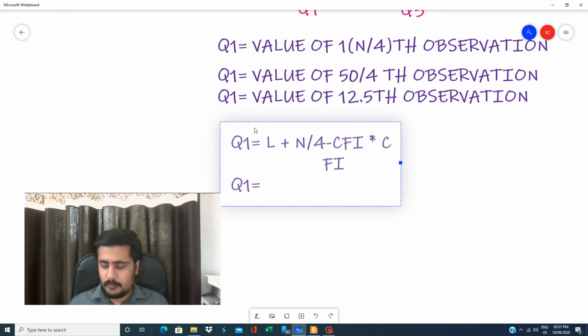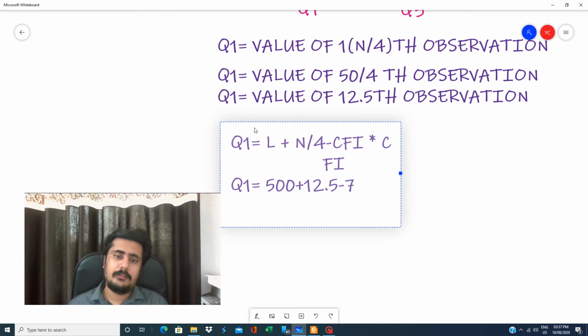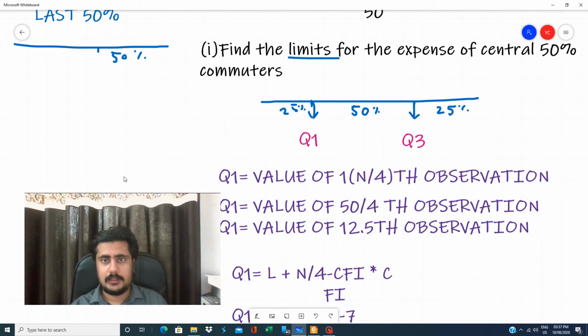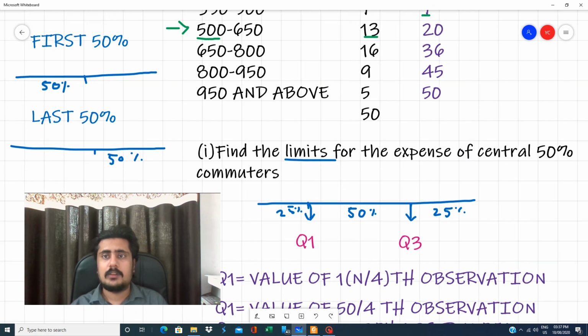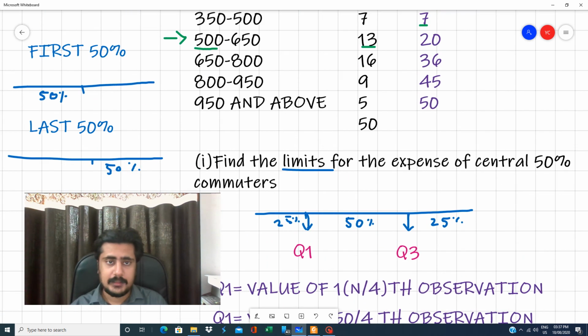So Q1 is L, which as I told you is 500, plus n by 4 which is 12.5, minus CFI which is 7, upon frequency. What was the frequency? Let us check. The frequency was 13 and the class length is 150.